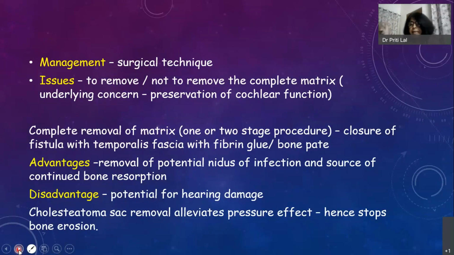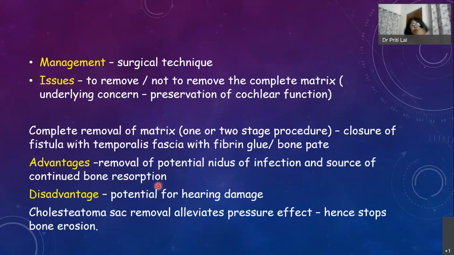What I wish to discuss here, which is a topic of debate, is whether, when we are removing the cholesteatoma sac in such cases, to remove or not to remove the complete matrix. The underlying concern is preservation of the cochlear function.